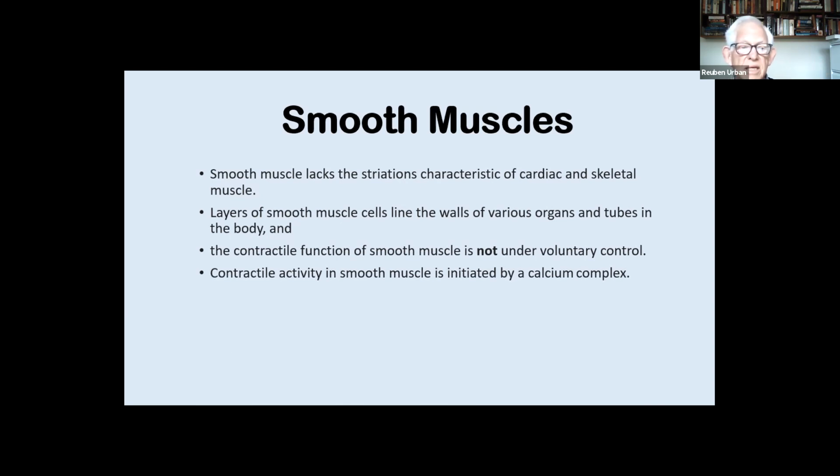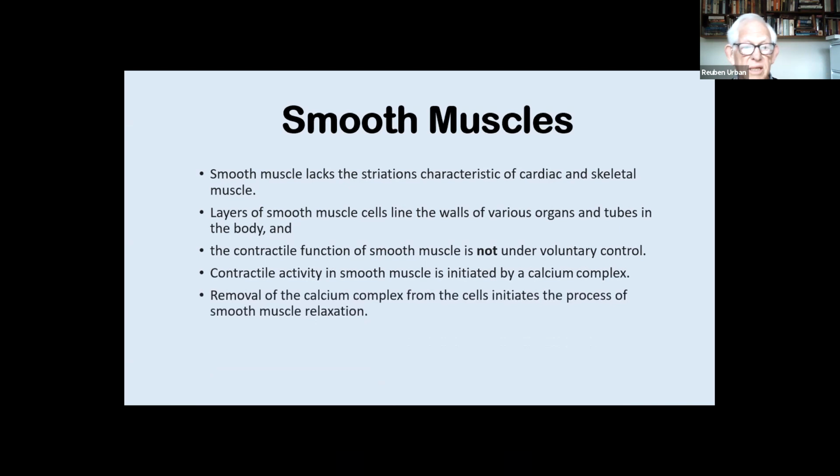The contracting of the smooth muscle is initiated by a calcium complex which is formed. It also requires ATP. But if you remove this complex, then the contractile aspect disappears and you get the relaxation.